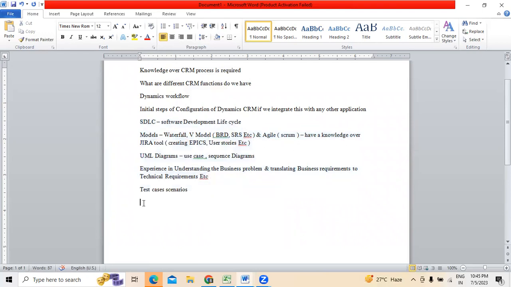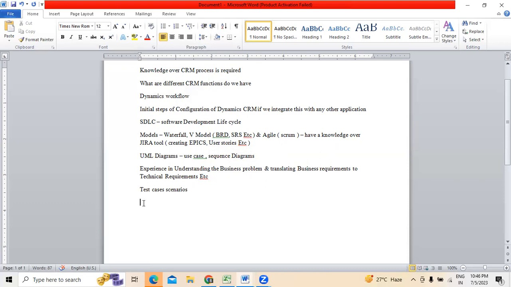Even though we are working as a CRM business analyst, in Dynamics CRM, this expertise and this experience is needed. So that is required at the same time. Along with this, you need to have knowledge of the CRM workflow, as I told you, right? So workflows and everything. So that is one more thing which we need to understand.